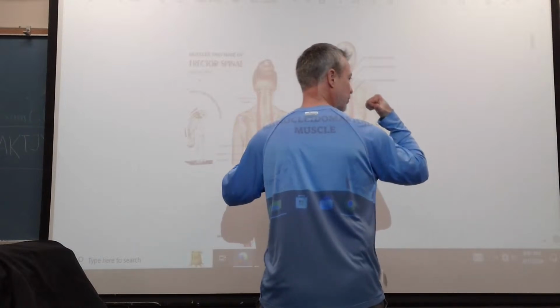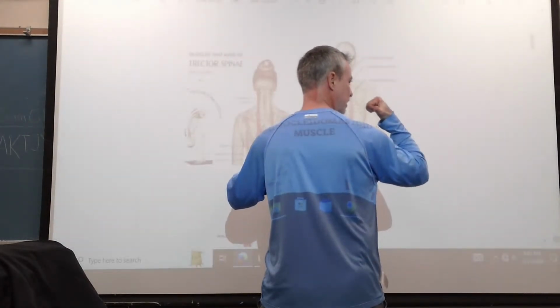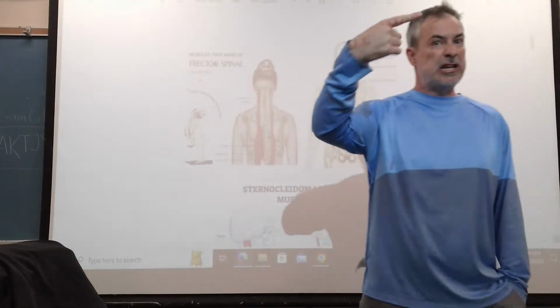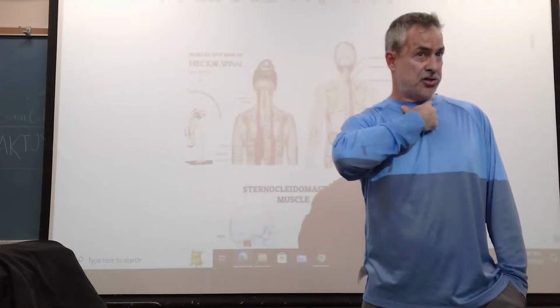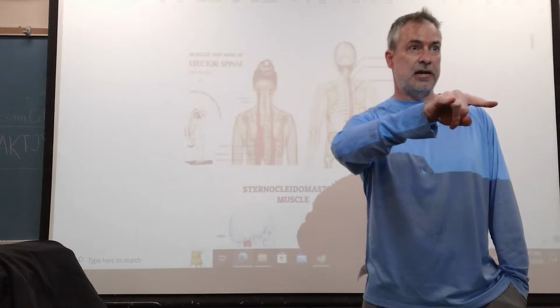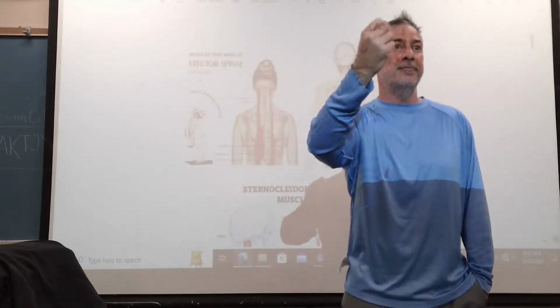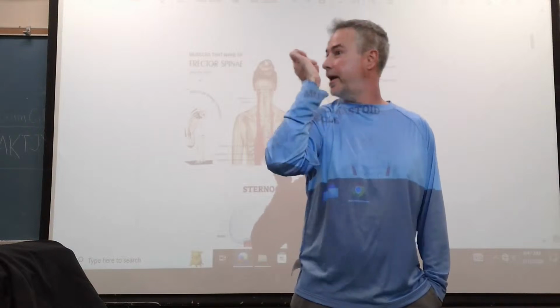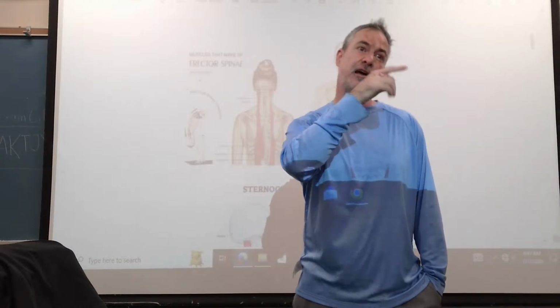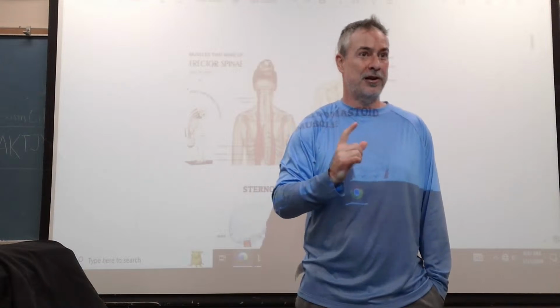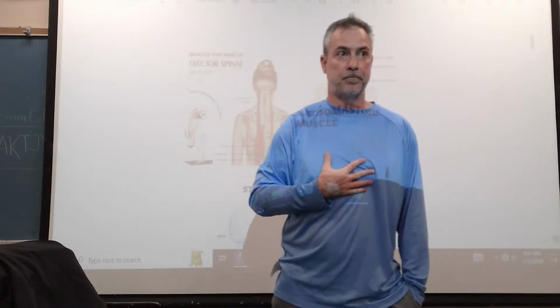Right pulls to the right transversely, left pulls to the left. So the erector spinae is actually easier to learn than the sternos. I'm going to teach that in a second, because right transverse and right lateral line up. Right lateral and right transverse. Left lateral puller and left transverse. The sternos don't line up, but I'm going to explain why.